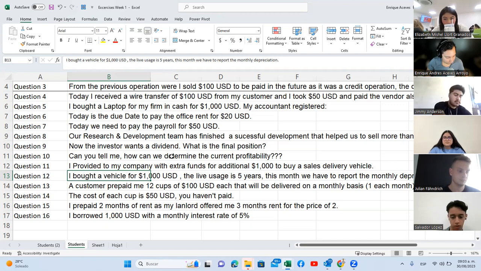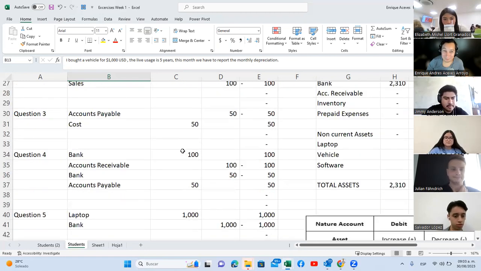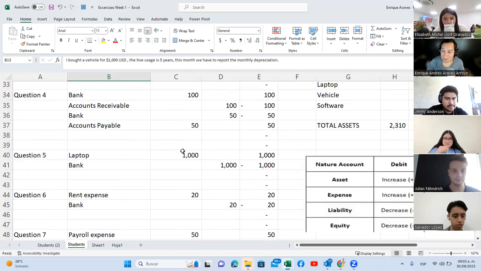You would also record the depreciation expense and the accumulated depreciation. Debit or credit? Credit. Awesome. Why? It's a contra-asset account, okay?